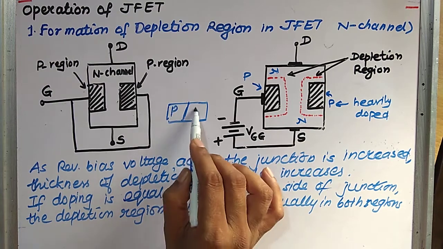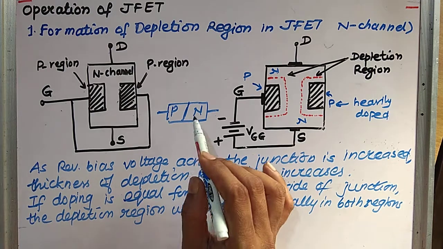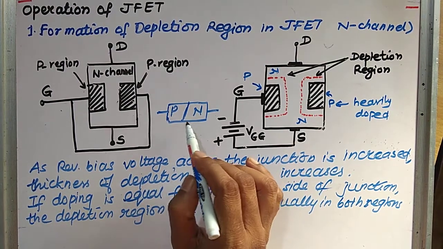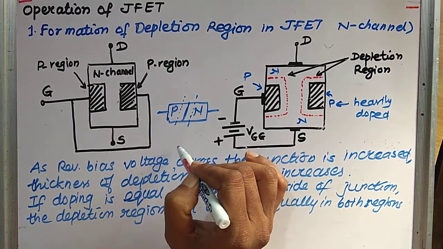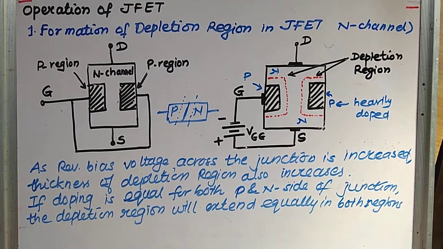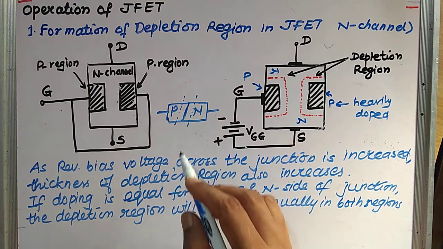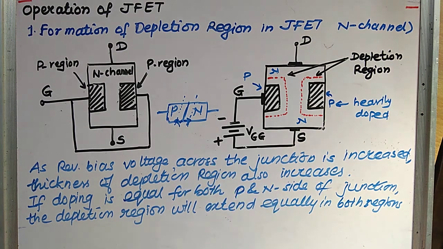If this is P region, this is N region, then if the doping of this P region and N region is same, then the depletion region thickness will be same on both the sides. As we are increasing the reverse bias, then the depletion region will increase equally from this junction to P side and from this junction to N side. The thickness will be equal in both the regions.